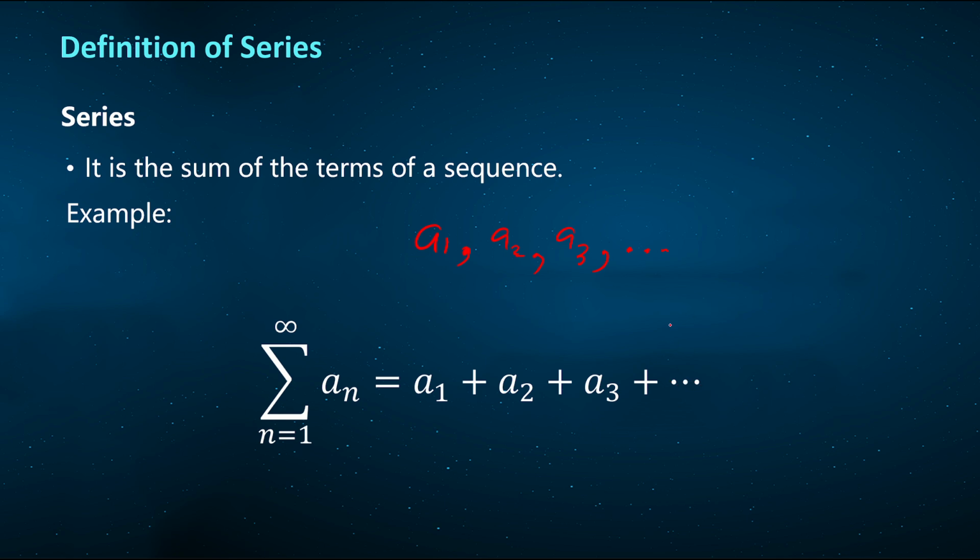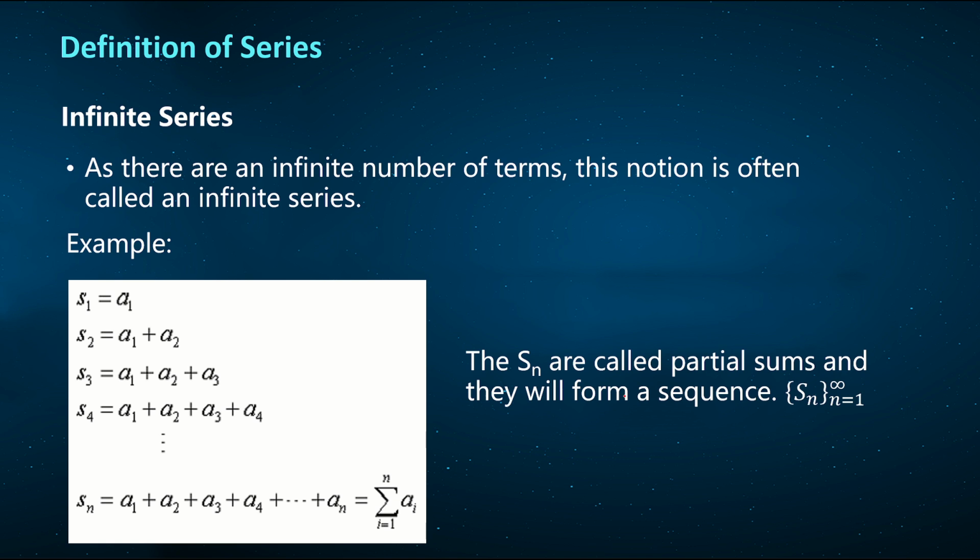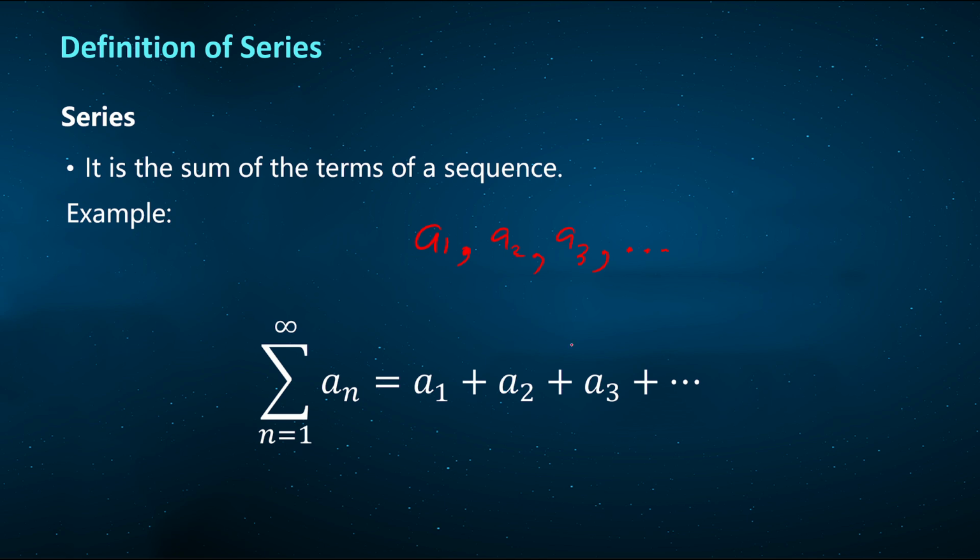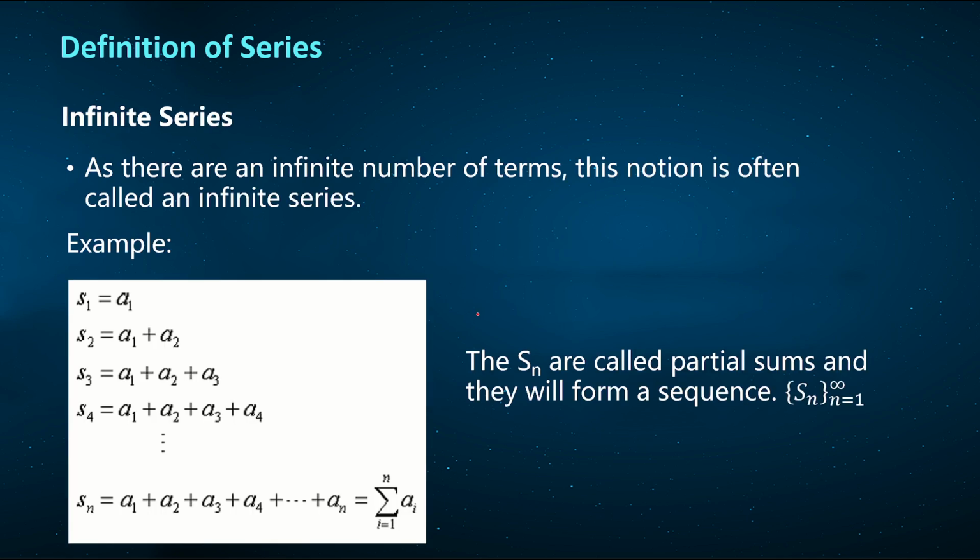So we have this infinite series, and going back to our example, this is an example of an infinite series, because it is infinite, it never ends, since it has an ellipsis.